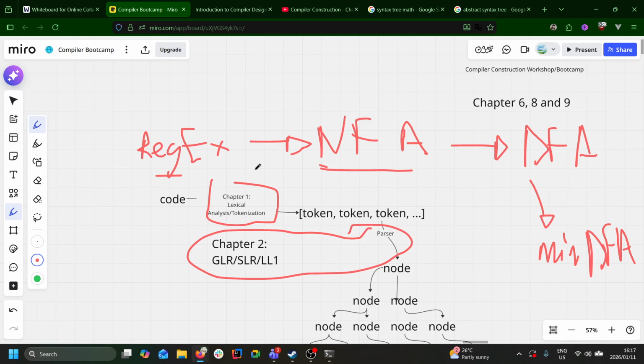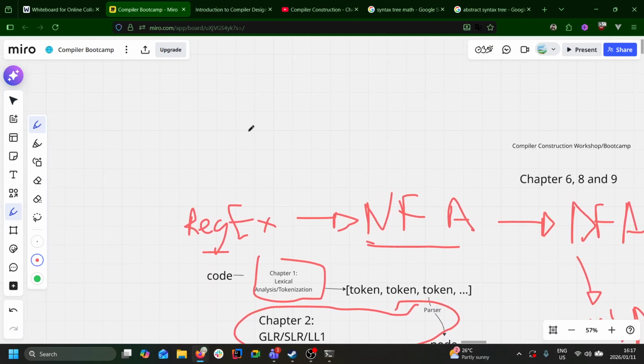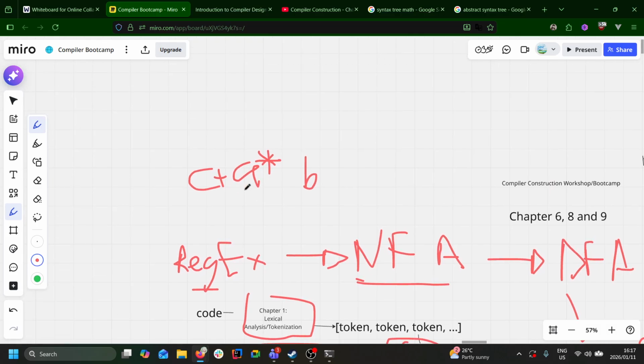The textbook uses the idea of segments, which I do go over, but if you already know regular expressions from programming, you can directly convert one into an NFA. For example, A star, B, C plus means at least one C followed by any number of A's followed by a B.